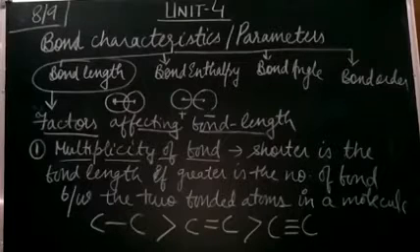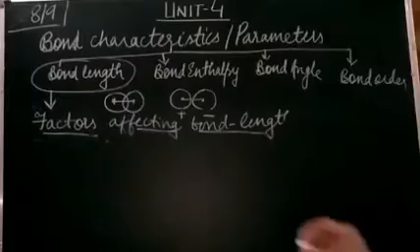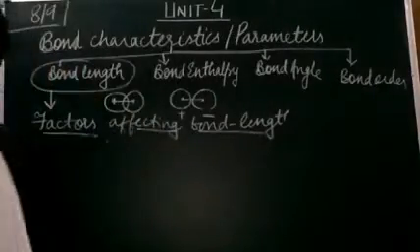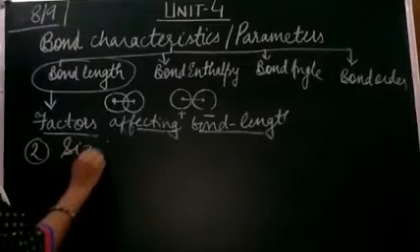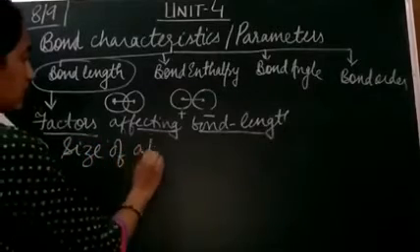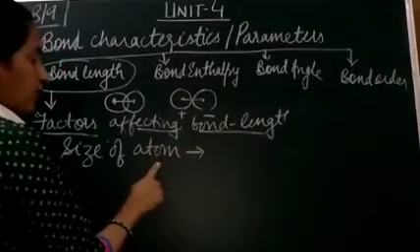Now the next factor is the size of the atom. Yes, so the size of atom, that is the second factor. The size of atom means here the atoms involved in the bond.